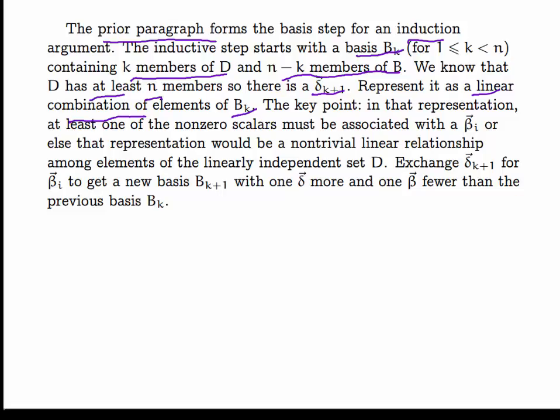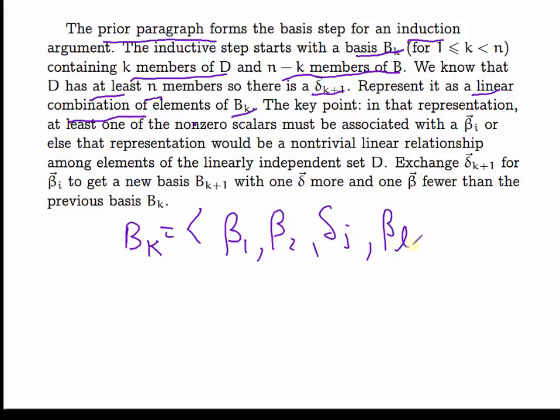Now let me write down Bk to make this a little bit more clear. What is Bk? Bk is a basis. It has some betas, it has some deltas. I'm not going to be specific.